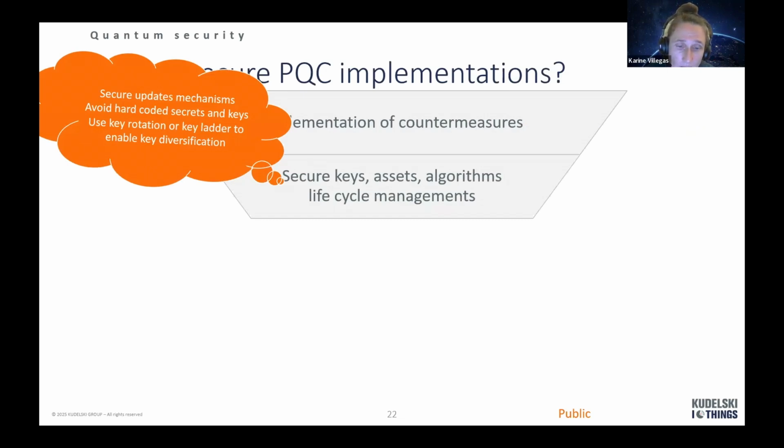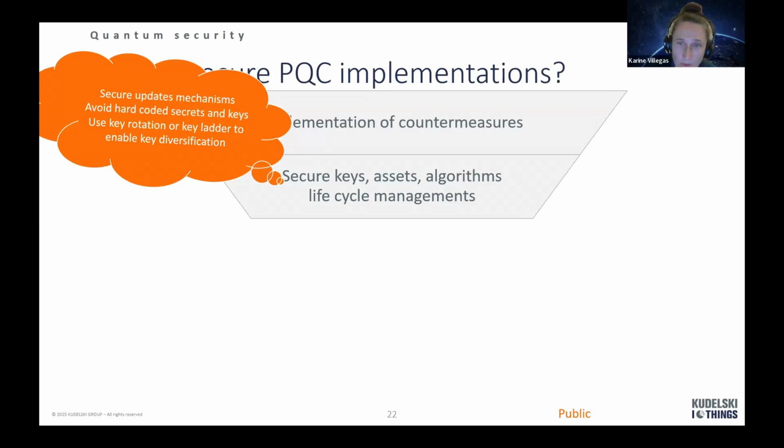By setting in the design mechanisms enabling us to update the countermeasures that we have defined, the algorithms themselves, and also manage the key rotation properly, in a way that if keys with one kind of implementation of the algorithm could have leaked, we could replace the implementation of the algorithm. For example, it is still MLKEM, but some new attacks have been found, and so we should update the countermeasures. The keys that go through this algorithm should also be updated, because if at one point a key has leaked, it is too late.